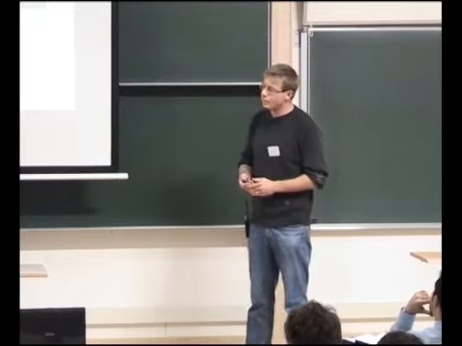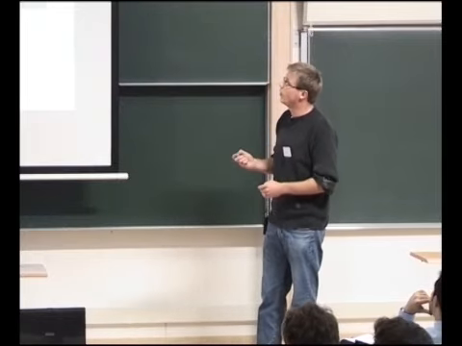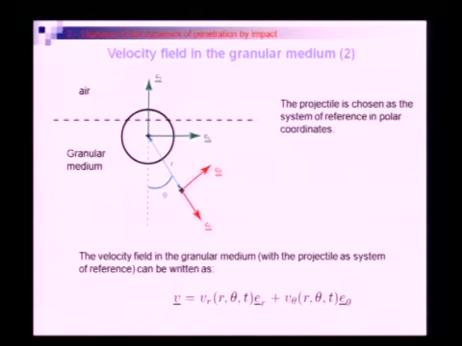So this is a very tricky problem because there is a lot of information and you have to treat it very carefully. First of all, we are going to choose the projectile as a system of reference in polar coordinates. That means here, this is a projectile.